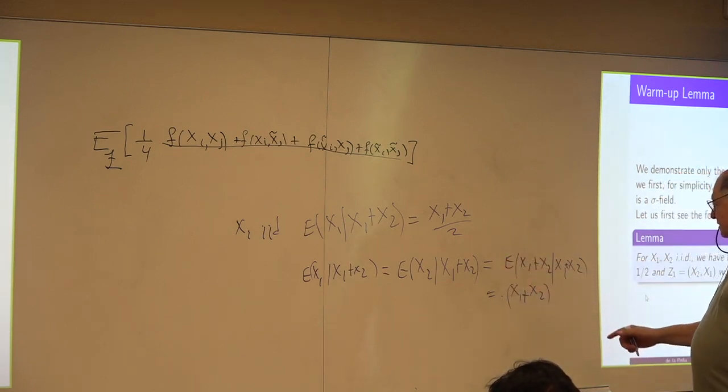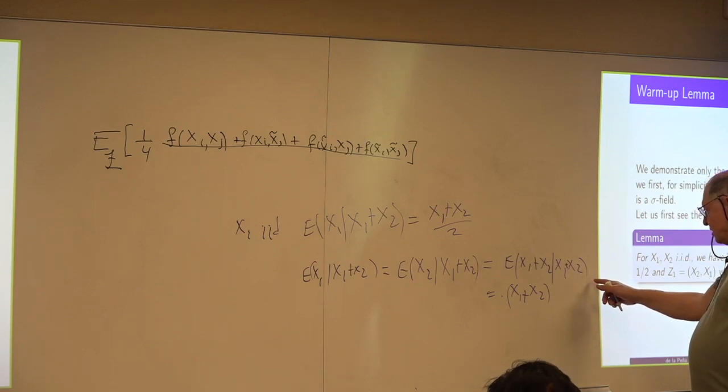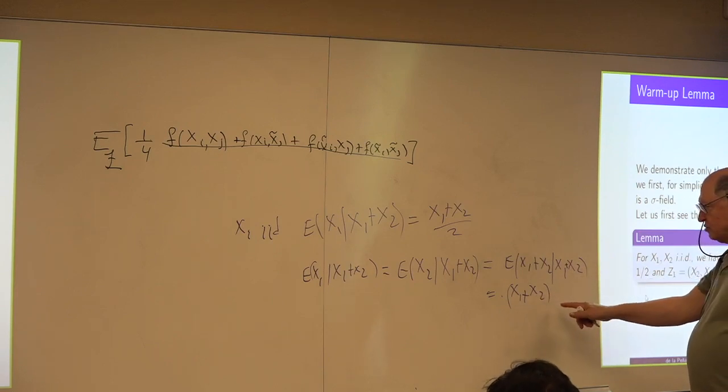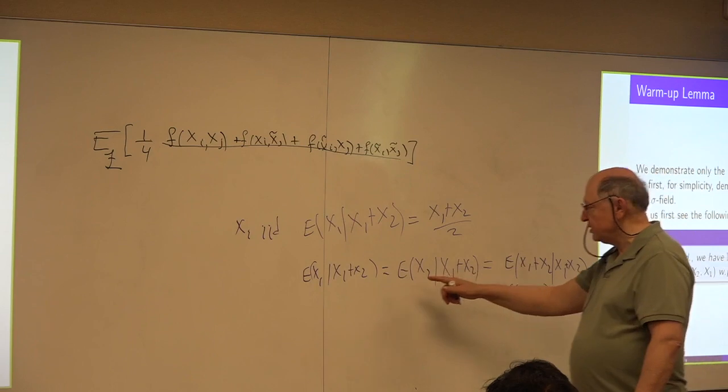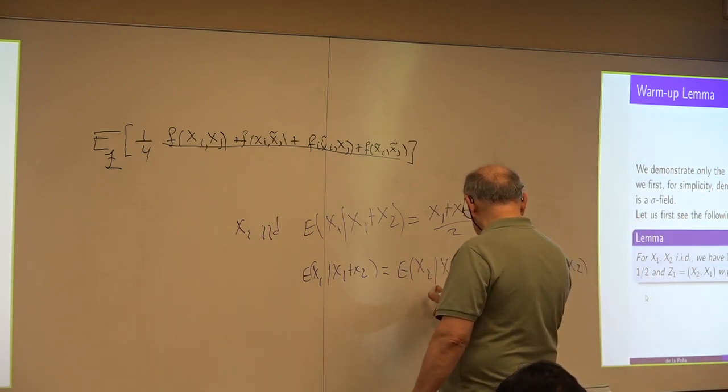And then, since I have the sum of the two, this is x1 plus x2. What I'm doing is taking this expectation as equal to this expectation.